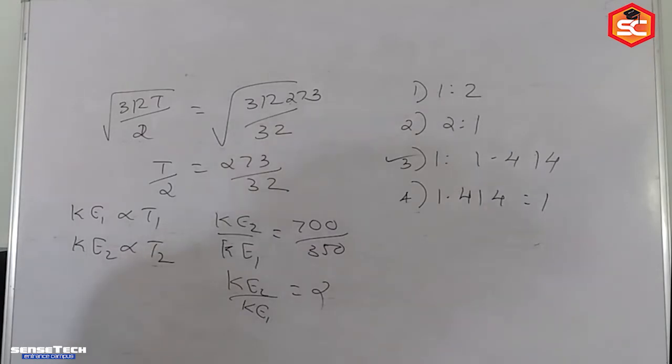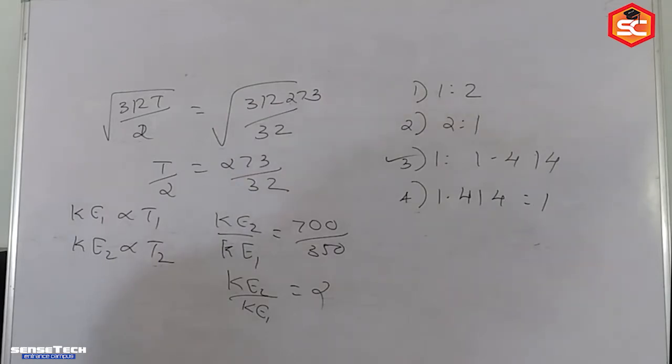Then the van der Waals equation explains the behavior of real gases, not ideal gases. Van der Waals equation explains the property of real gases. What is the compressibility factor of ideal gas? It is 1.